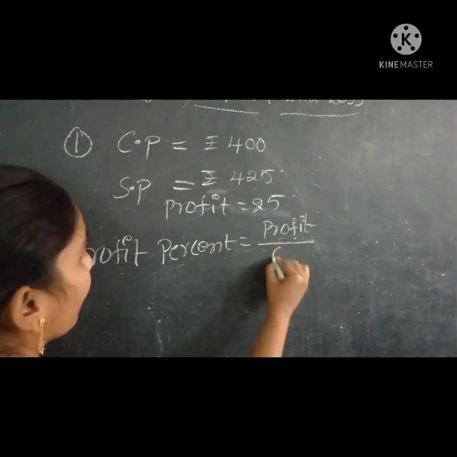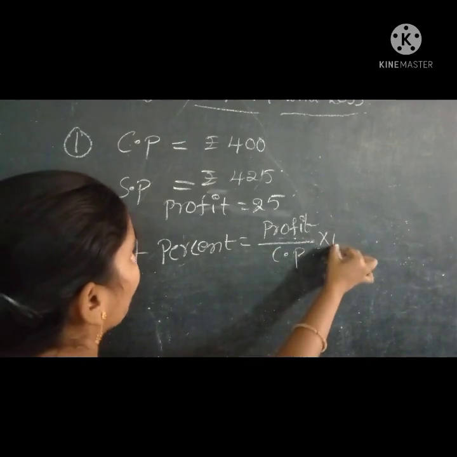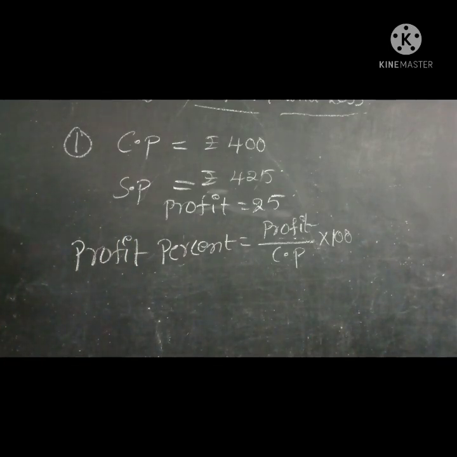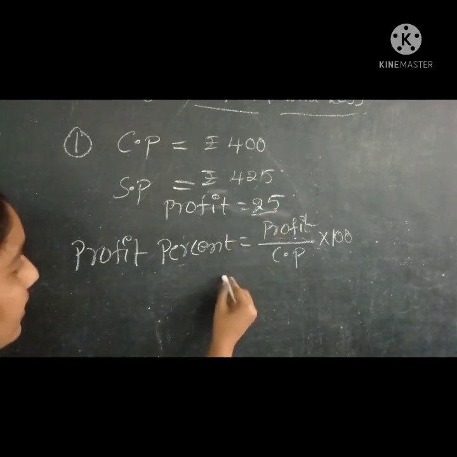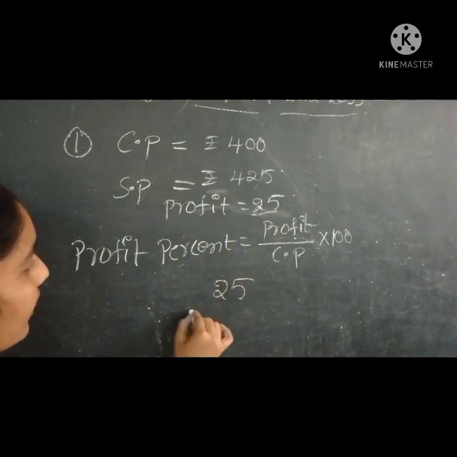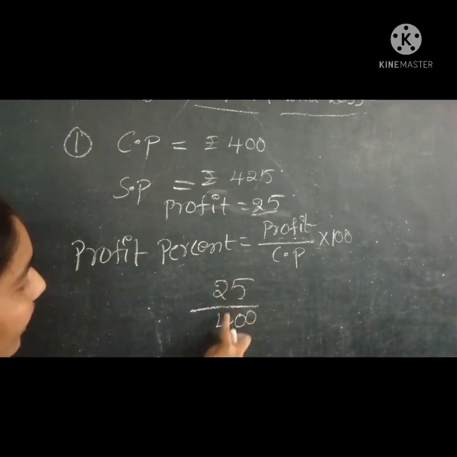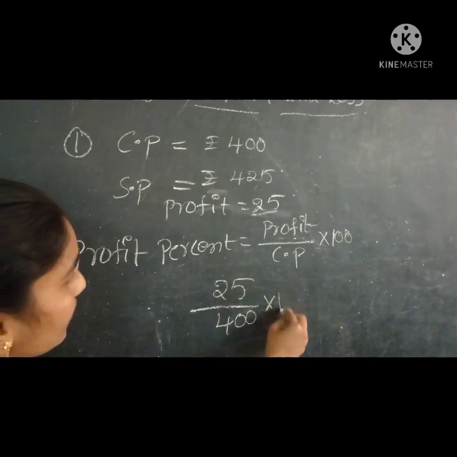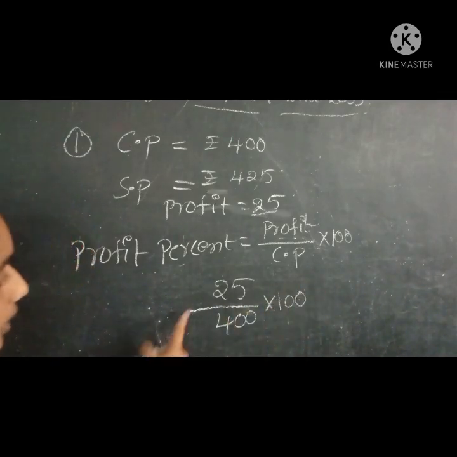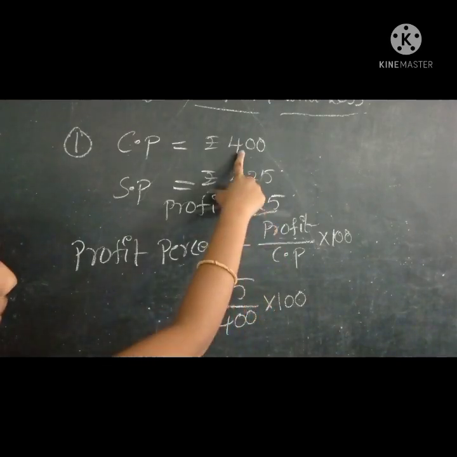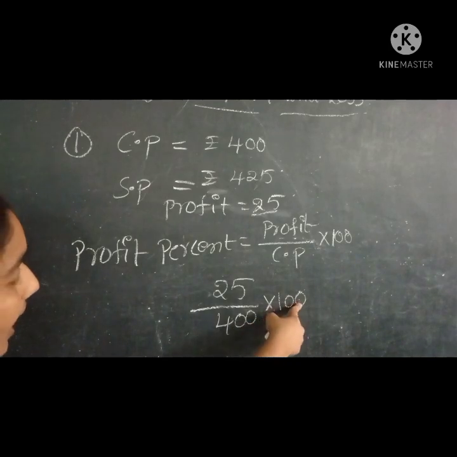Profit by cost price into 100. So how many rupees of profit? 25 rupees. 25 by cost price, which is 400, into 100. Profit is equal to 25 rupees, cost price is equal to 400 rupees, into 100.